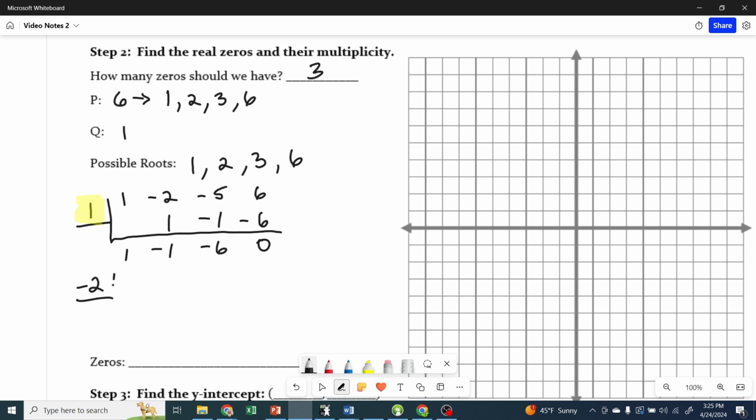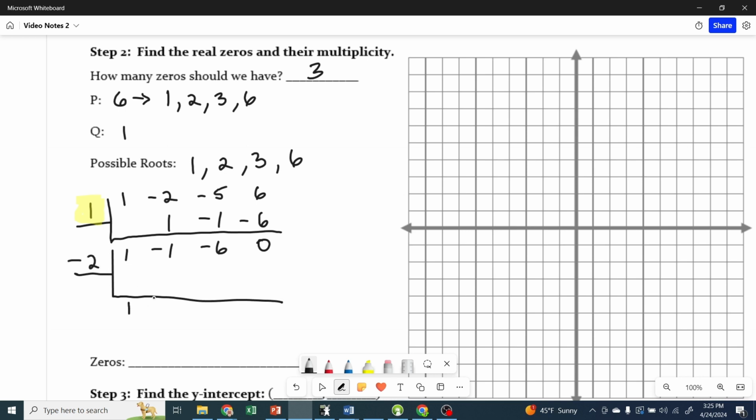So negative 2, and let's do this right here. Instead of reinventing the wheel, why don't we just go like this, and we'll put negative 2 here.